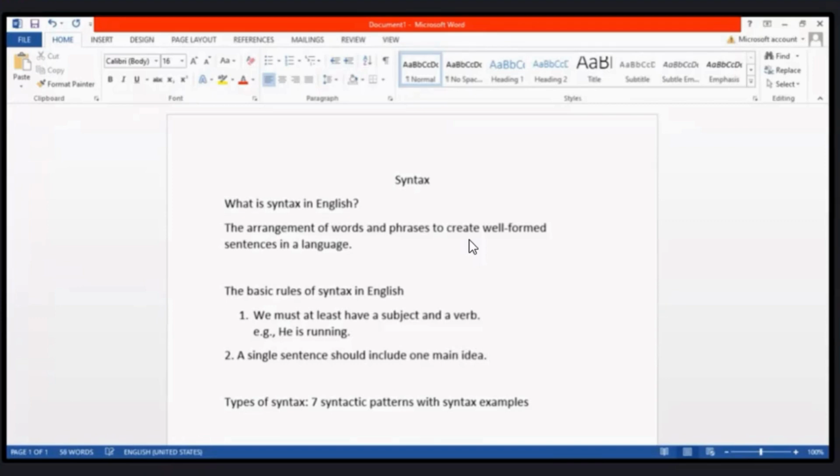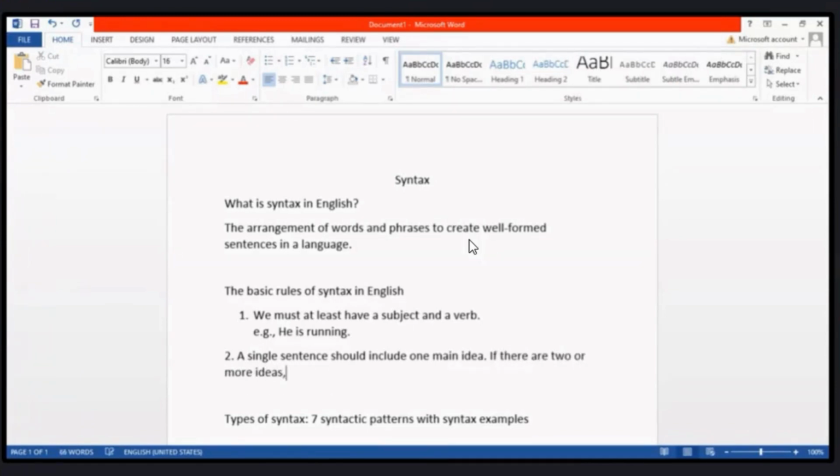Normally when we make sentences, our single sentence should only have one main idea. If there are two or more ideas, it is best to write them in separate sentences. Okay, in separate sentences.